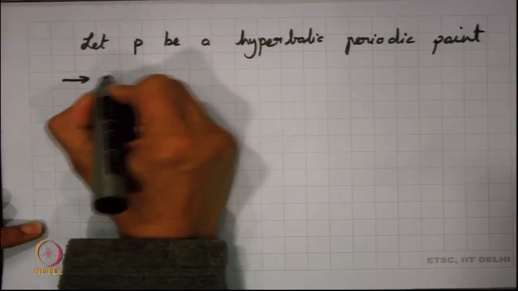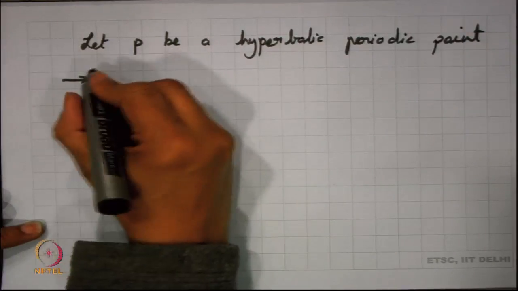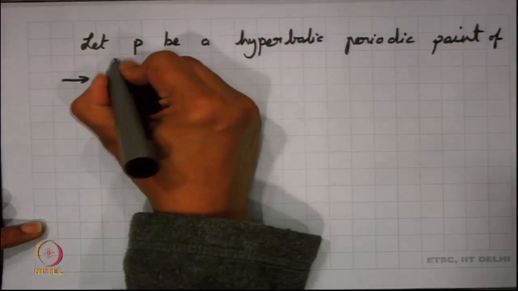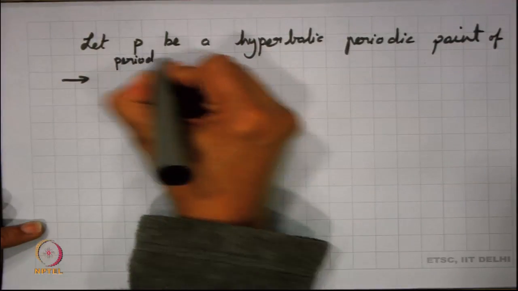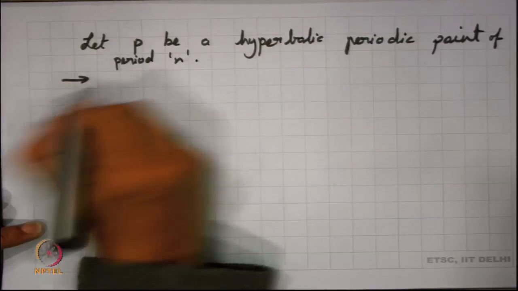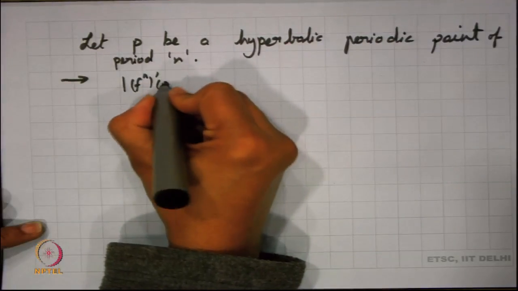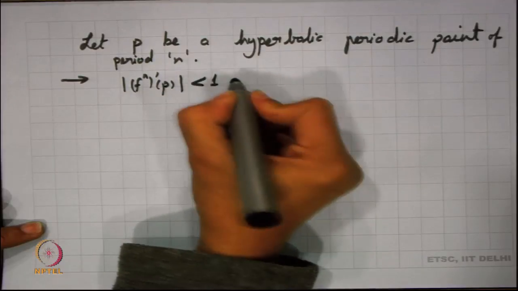We have seen two cases. The first case is if the modulus of (f^n)'(p) is less than 1.